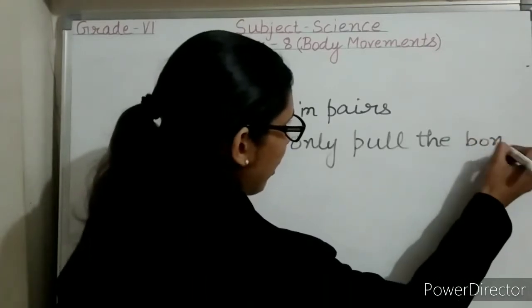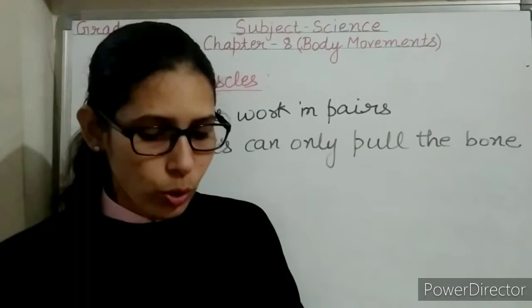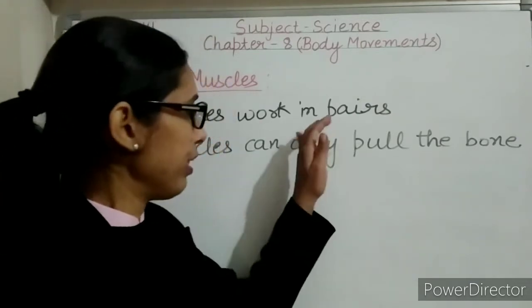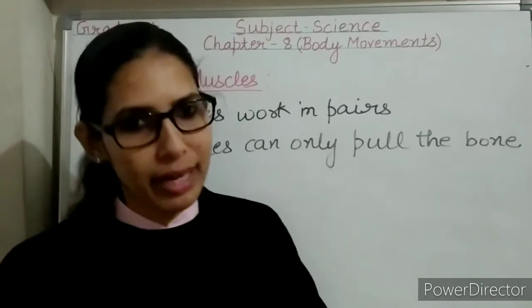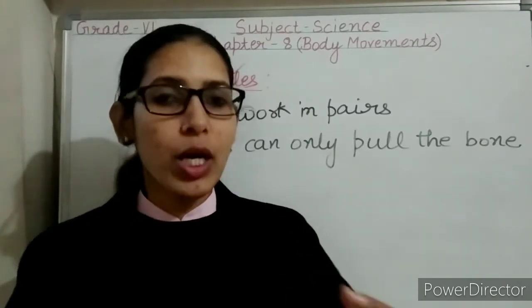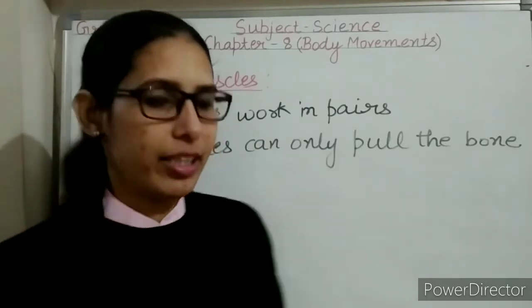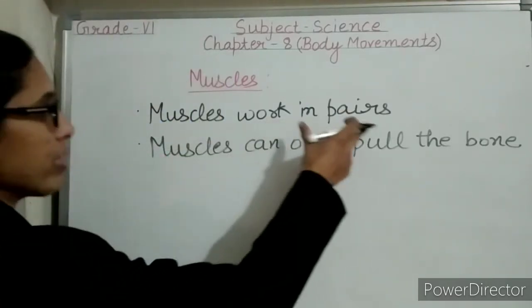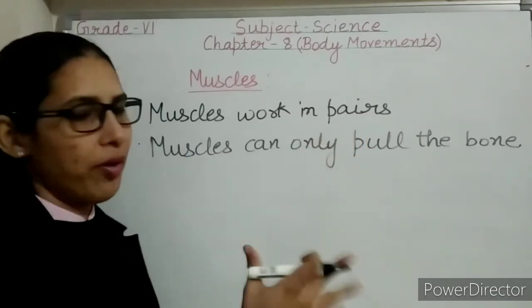As I told, the muscles work in pairs. So what is the meaning of that? It means if one muscle relaxes, the other contracts. What is the meaning of muscle contract? When a muscle contracts, it becomes shorter, stiffer and thicker. So muscles work in pairs. That means if one muscle relaxes, another contracts.